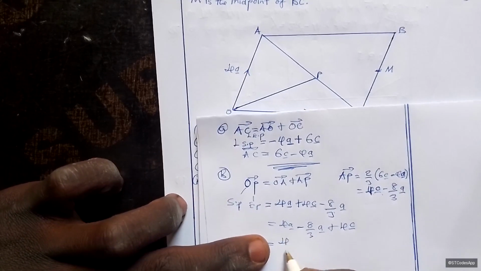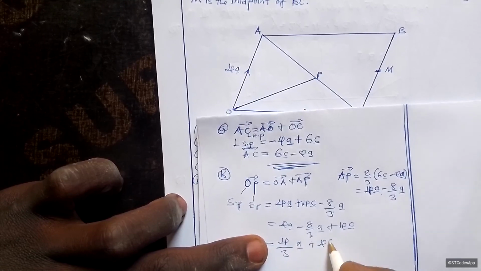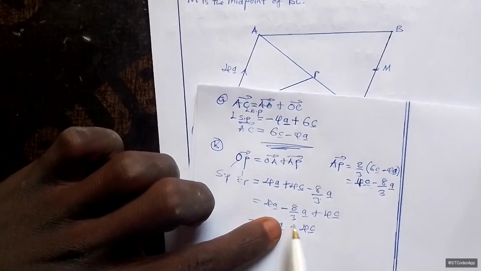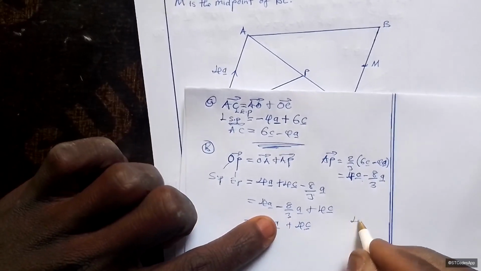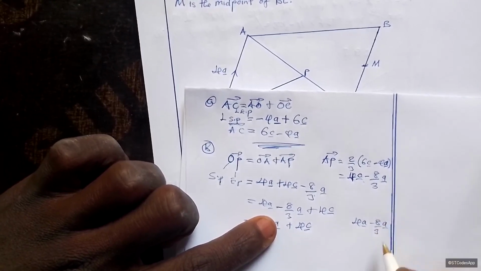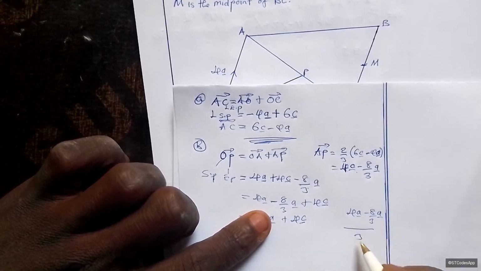So 4 over 3 a vector plus 4c vector. Okay, so on this part here, what I mean is like this. We have this number here. So here I'm going to find the common denominator, which is 3.